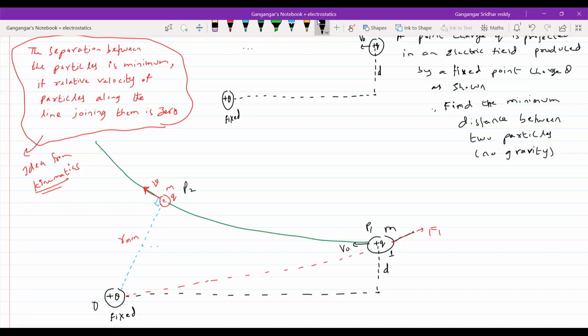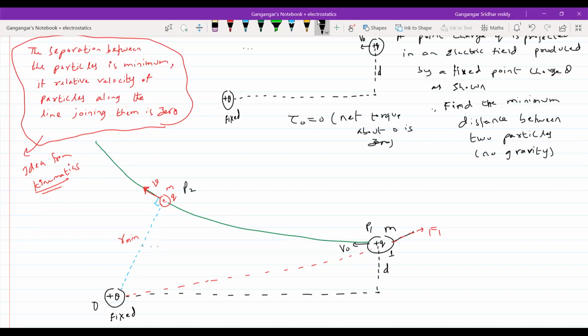You see what the net torque is. The net torque about O will be 0. Okay, there's one equation.